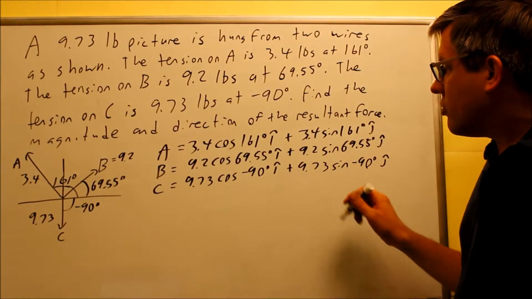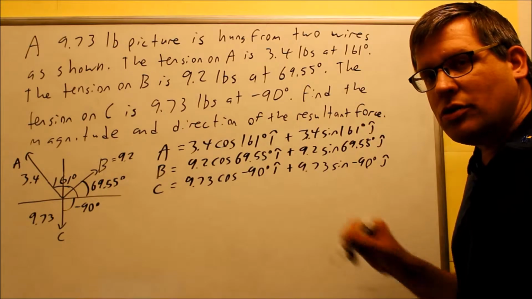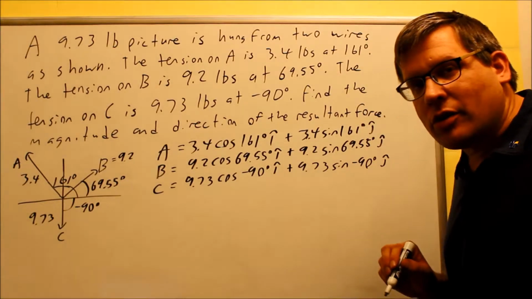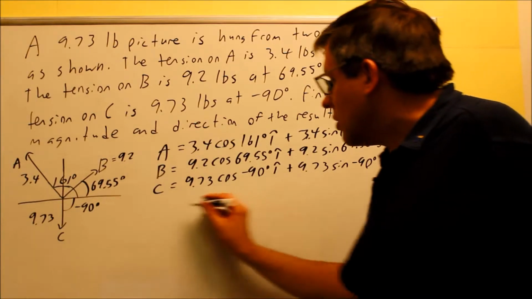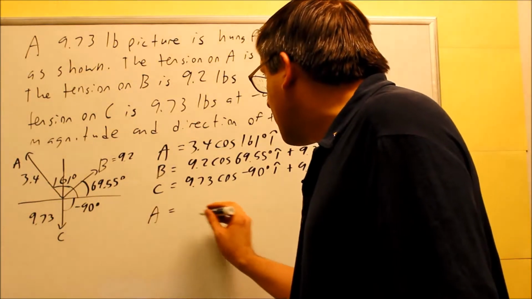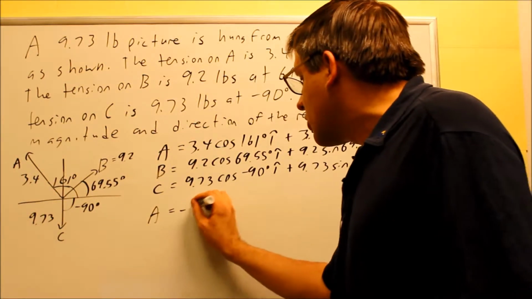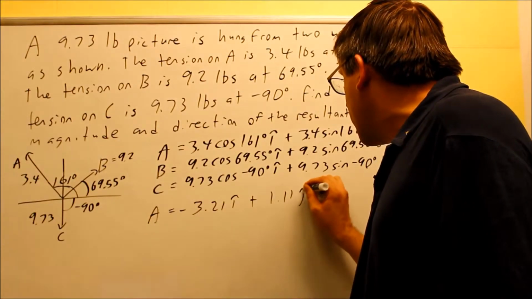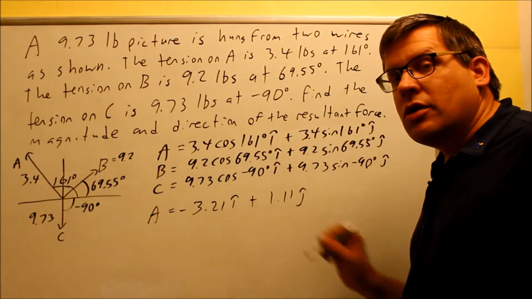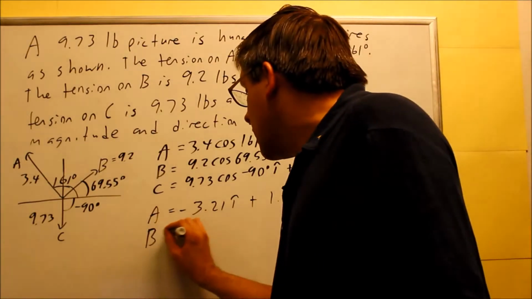Now what you want to do is turn all these into decimals. Then we're going to add them all together, and that will allow us to find our magnitude and direction. For A, if we write this out as decimals, rounding everything to two decimal places, that's negative 3.21 I plus 1.11 J. For B, we do the same thing.